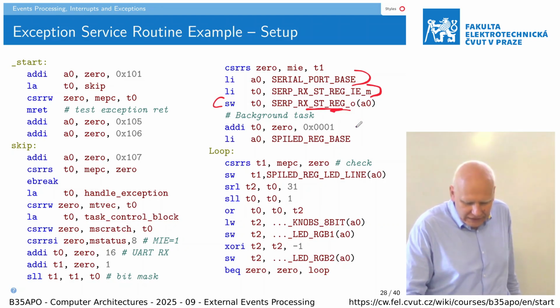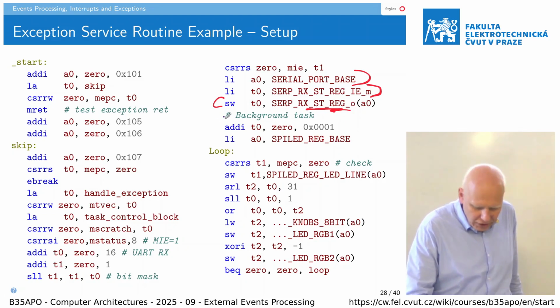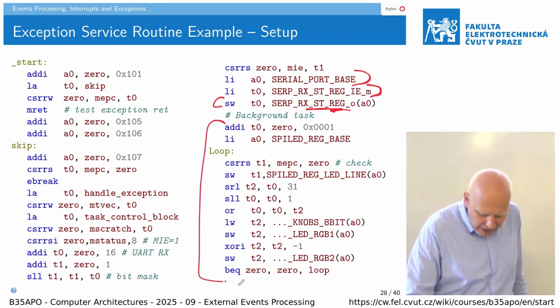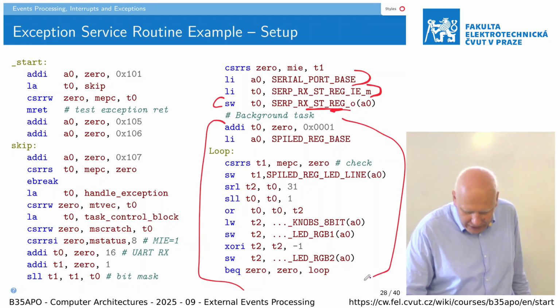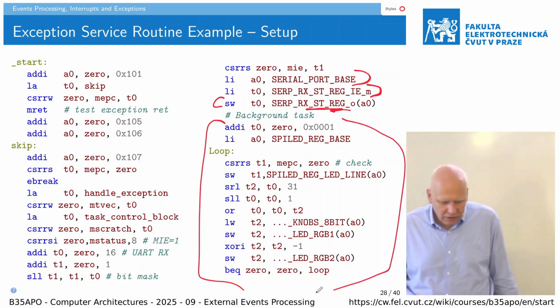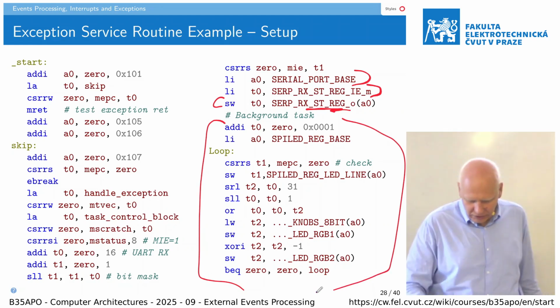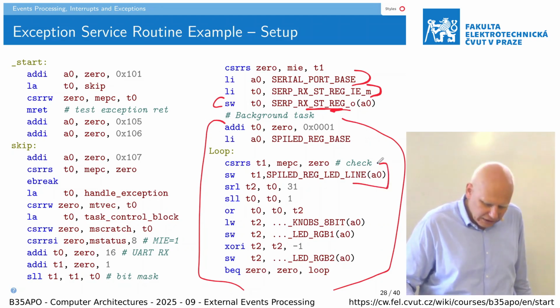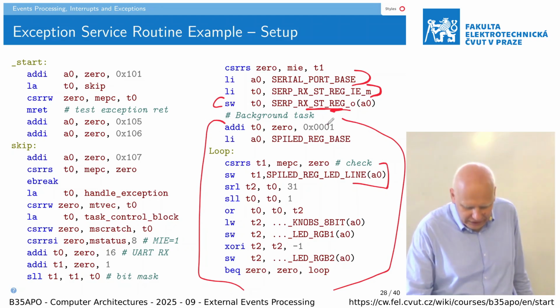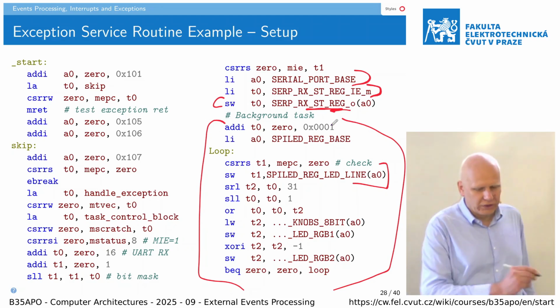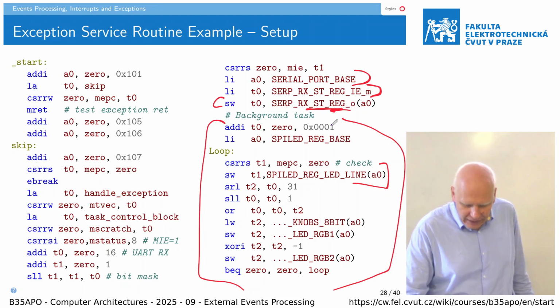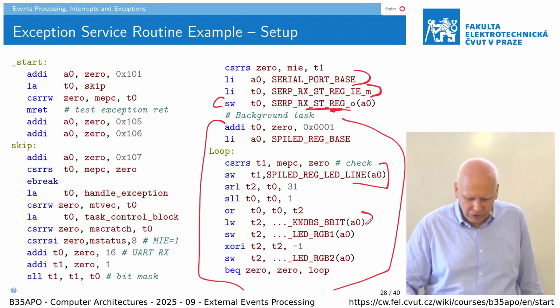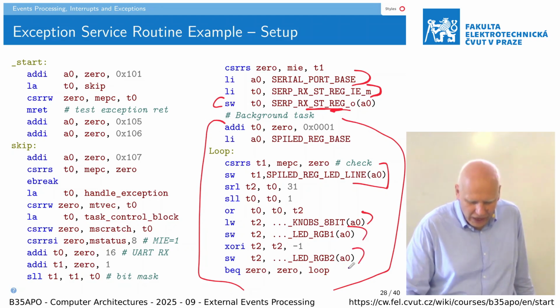then have some code which shows a background task. So this part runs, what is it? It is split base. So basically this has that single one going through the LED line, and then there is the operation where we read the position of the knobs and copy to RGB LEDs.